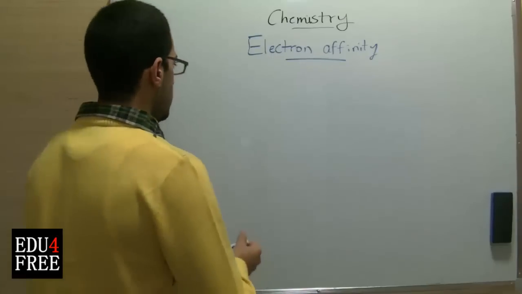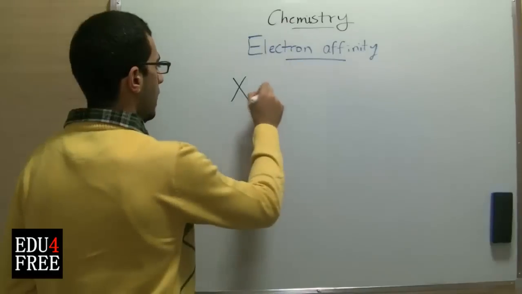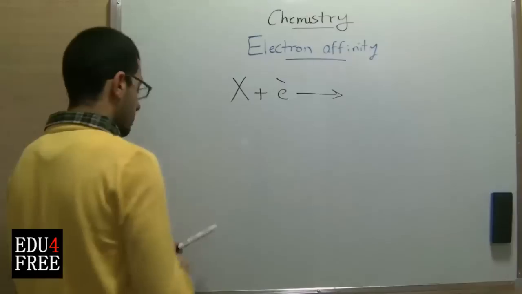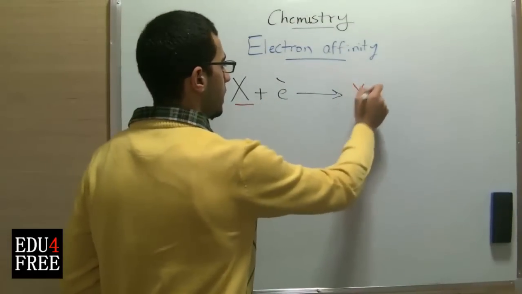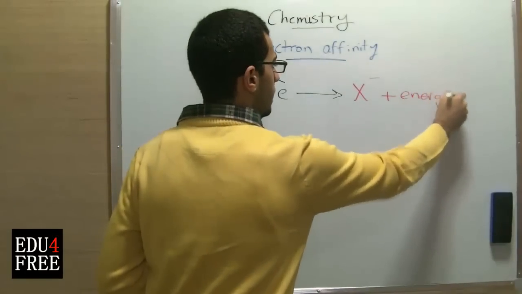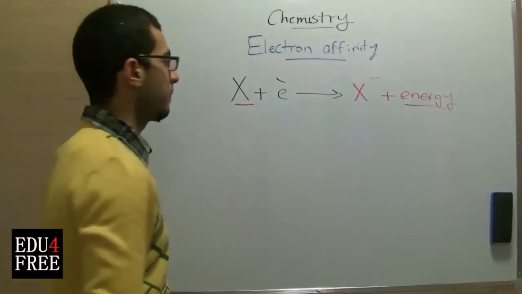What this means is if we have an atom, for example X, and we add an electron, this atom will be converted into a negative ion and energy is released. This energy is called the electron affinity.